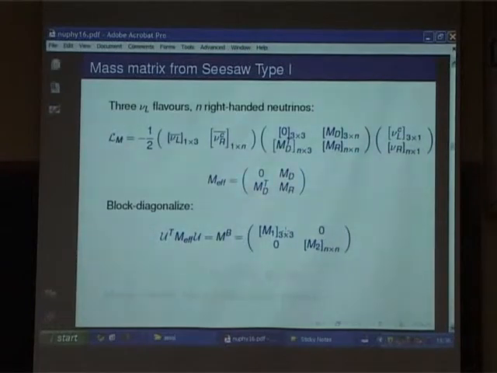Now, our Seesaw mass formula told us that M1 was equal to minus m_D squared by M_R. This one is Seesaw.